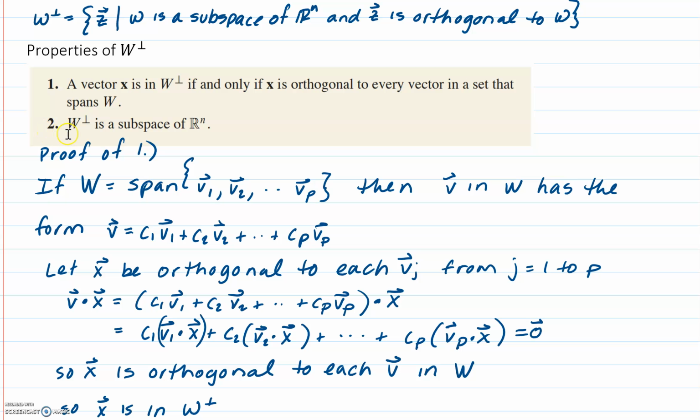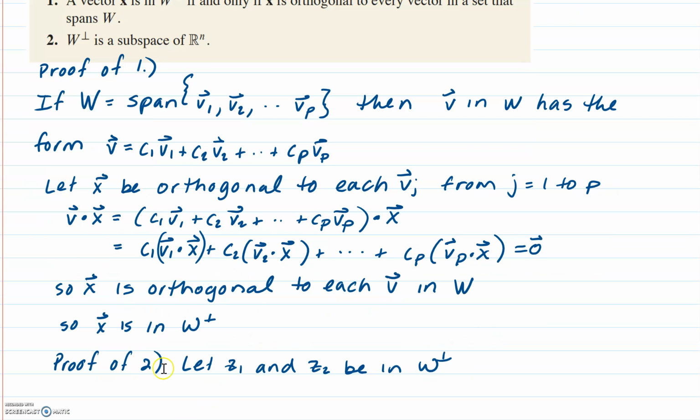Property 2 says that W perpendicular is a subspace of Rn. So let's go ahead and show that. To show that W perpendicular is a subspace, I want to see if it is closed under addition. So I'm going to let Z1 and Z2 be in W perpendicular.